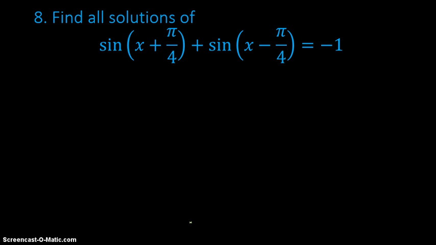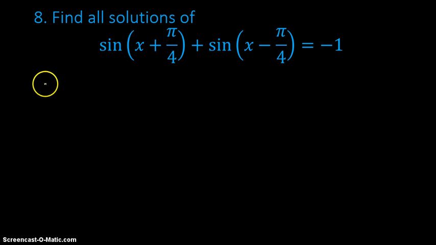Alright, find all solutions. So that's not just between 0 and 2 pi, that is all of the solutions. This is sine of two things added plus sine of two things subtracted.